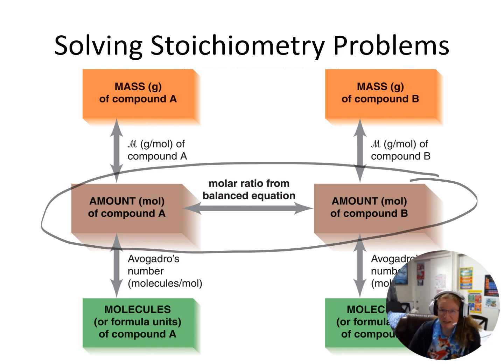Well, okay, I could convert from whatever I started with from A to moles, and then I do moles of whatever A was compared to moles of B from my equation, and then I could use Avogadro's number to get me back to atoms. Or if I wanted grams of aluminum, I could use the molar mass of aluminum to get me back to grams of aluminum. So we have to go through moles though. We will always, always have to go through moles.